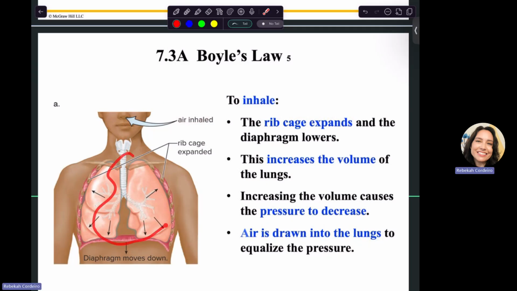So when you're breathing, it's not you sucking in air, it's you making your lungs bigger, the pressure decreasing inside your lungs, and the outside air pressure pushing air in to equalize pressure. It's like air is pushing into us when we're breathing, not us sucking in air, even though that's kind of what it feels like.